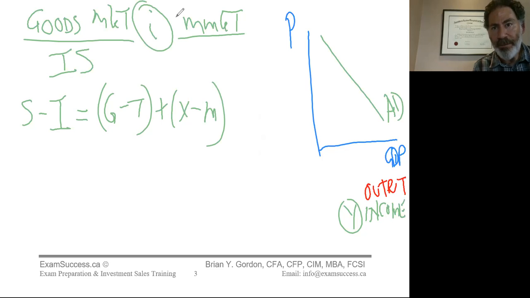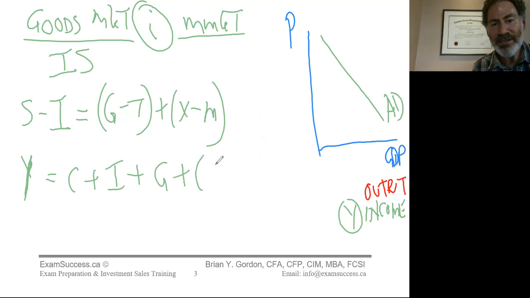So when the planned expenditures are equal to the actual output or the actual income, then the goods market is in equilibrium. What's another way of writing this? Another way of representing this is that the expenditures are equal to the income. That's our good old friend Y. Y is equal to C plus I plus G plus X minus M. We know this because we went through the mathematical exercise to rearrange it to get to the fundamental relationship.